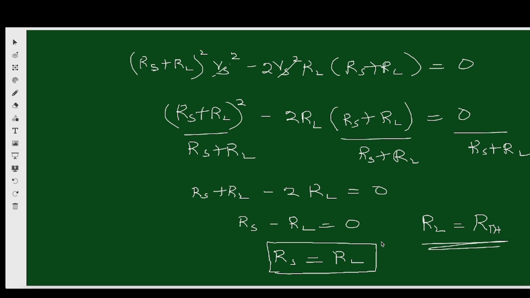So let's apply a bit of algebra to get the maximum power transferred. So from our previous equation of the power transferred, we have PL is equals to Vs squared RL over Rs plus RL.